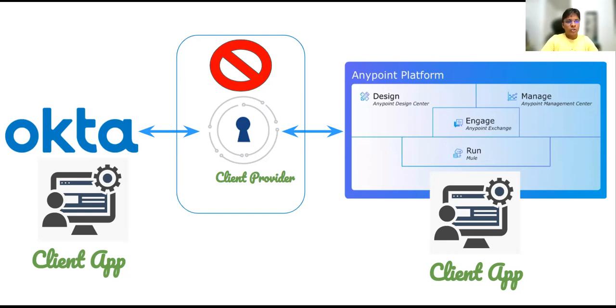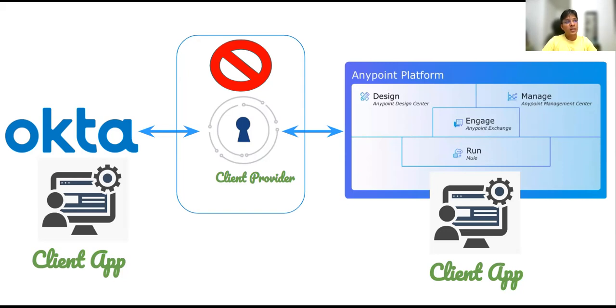If no external client provider is configured for the environment, Anypoint is the default client provider for all the APIs in that specific environment. If an external client provider is configured in the environment, then the external client provider is used by all the APIs.